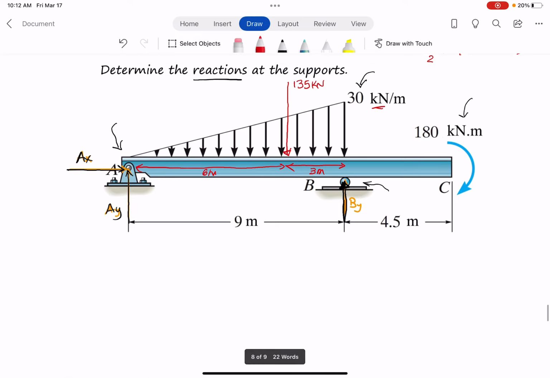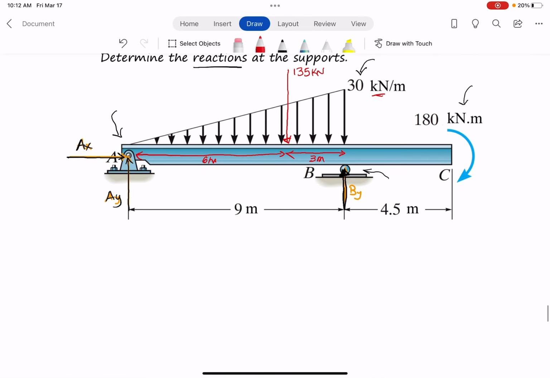Okay, so let's do a free body diagram. This is A, we have AY, we have AX, and we have the point load or the equivalent force, 135.